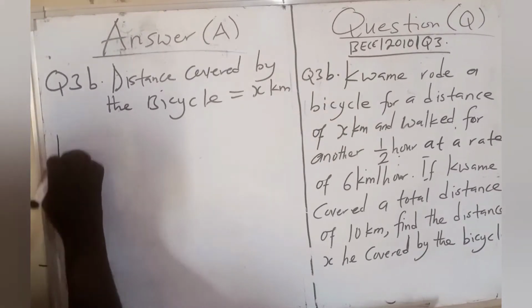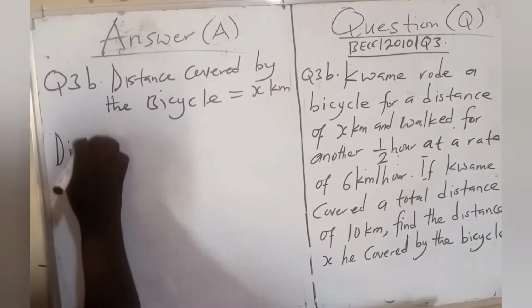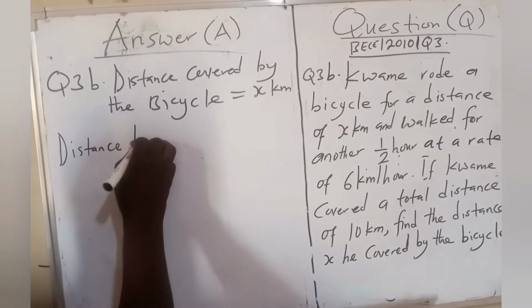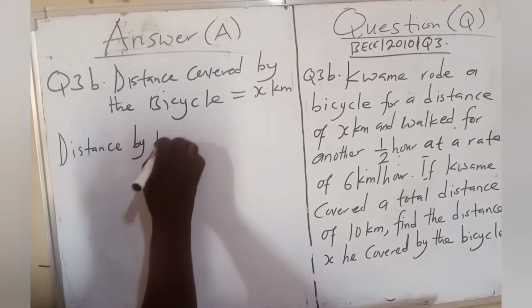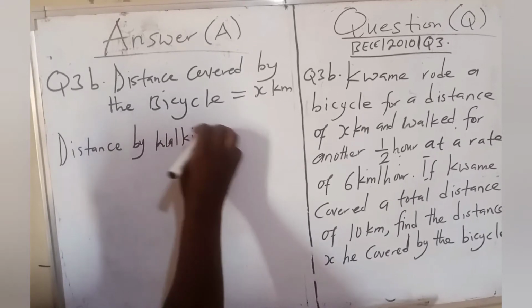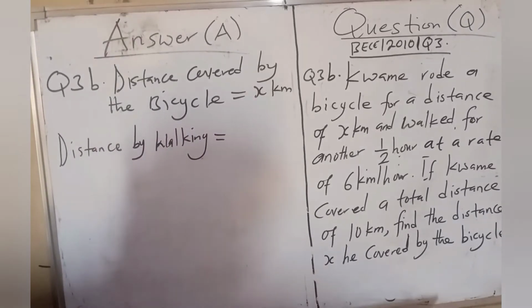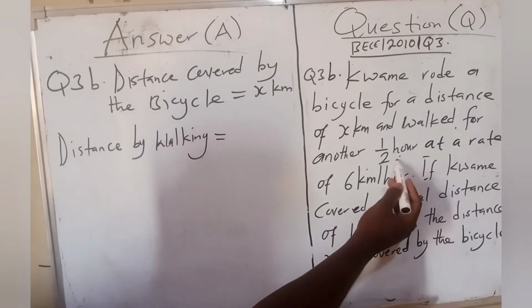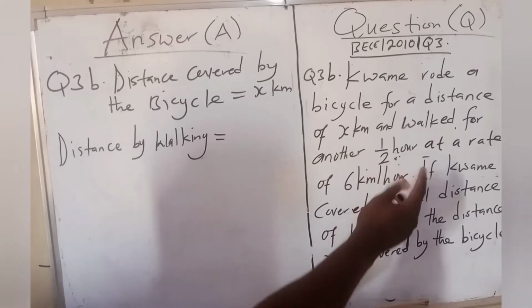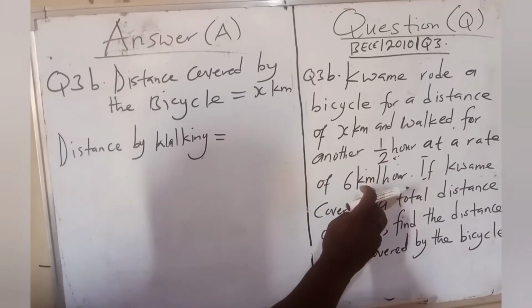Distance covered by walking is equal to the time he used in walking multiplied by the rate at which he walks.